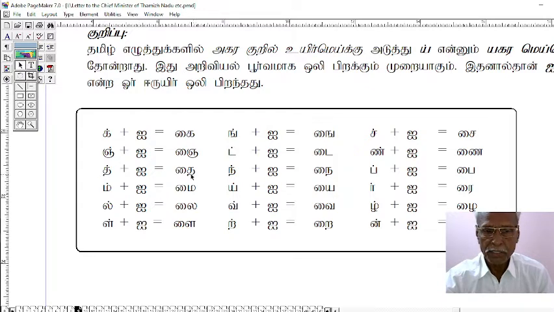Ik I, tai. In I, nai. Ip I, pai. Im I, mai. I yai. Ir I, rai. Il I, lai. You I, vai. Il I, rai. Il I, lai. Ir I, rai. In I, nai.